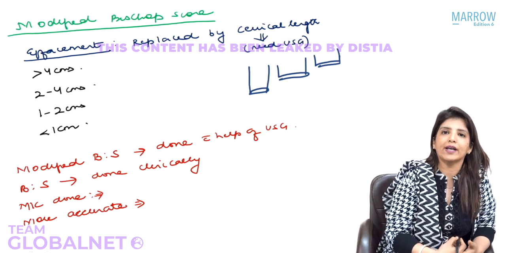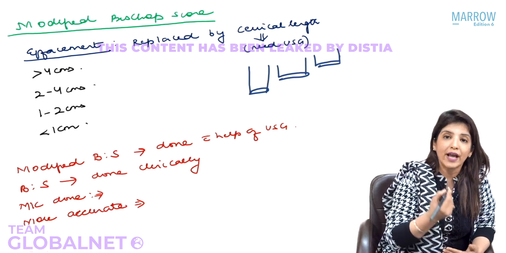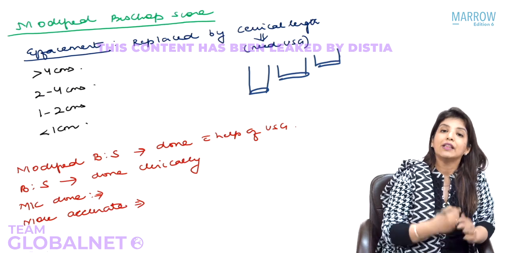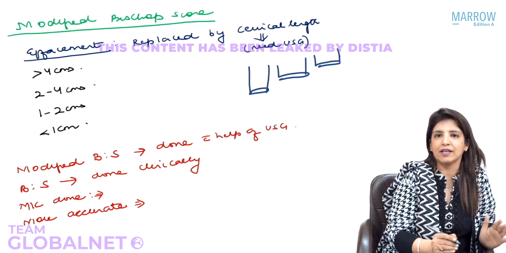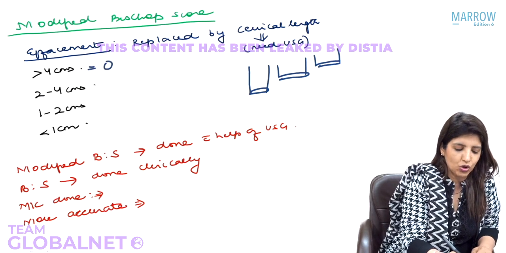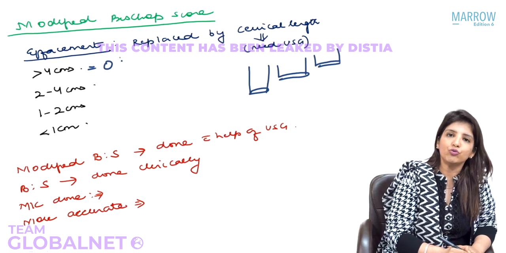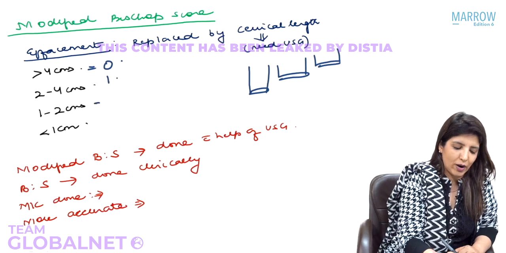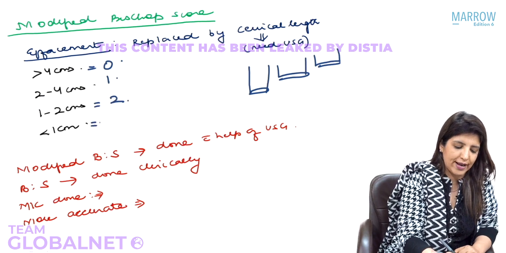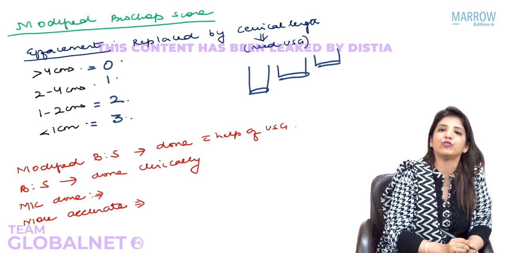So if you are getting a length more than 4 centimeters, that means it's a bad thing, right? And the score you are going to give is 0. If it is between 2 to 4, then a score of 1. 1 to 2 is a score of 2, and less than 1 is a score of 3.